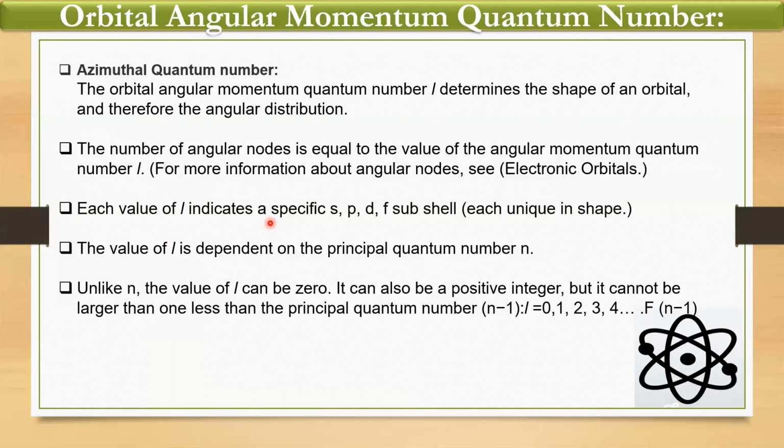Different orbitals have different shapes: the s orbital is spherical, p orbitals are dumbbell shaped, d orbitals are double dumbbell shaped, and so on for f. The value of l depends on the principal quantum number: l equals n minus 1. When n equals 1, l will be 0. So for n equals 1, 2, 3, 4, l will be 0, 1, 2, 3.